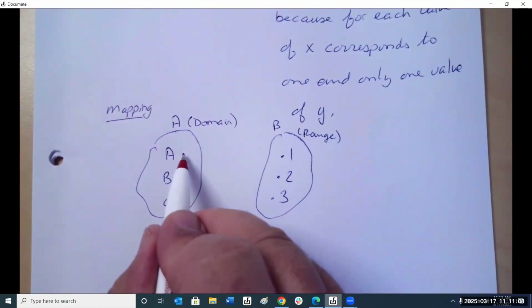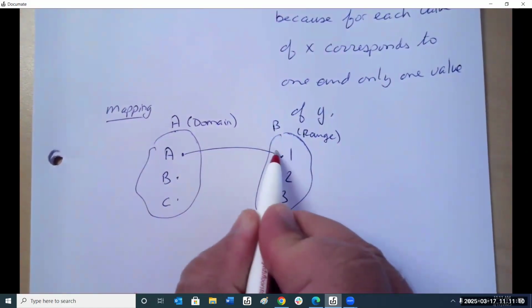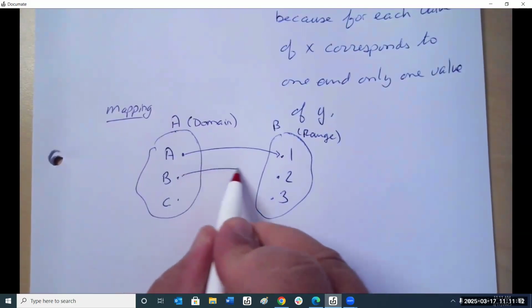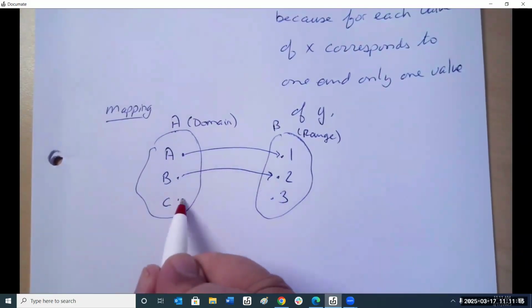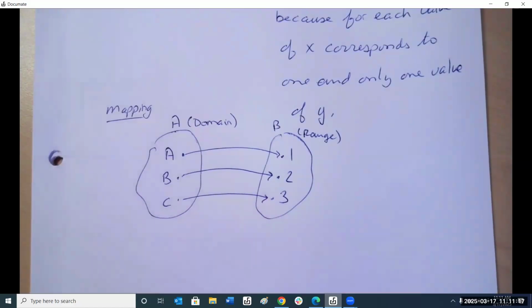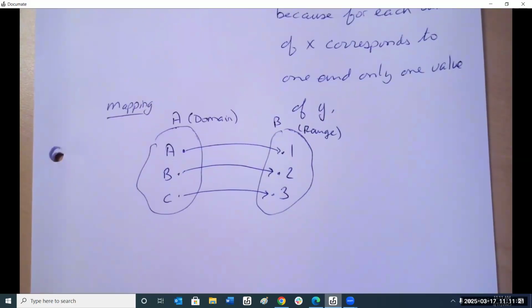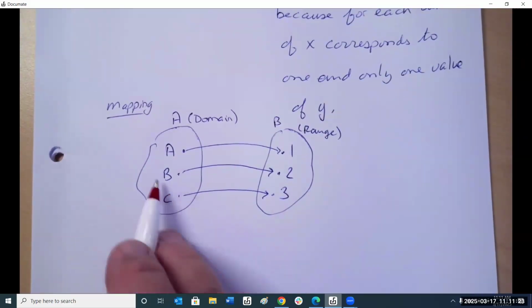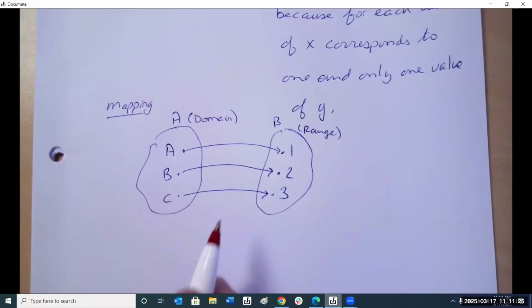So correspondence is each value in the domain maps to one and only one value in the range. So that's a correspondence. That's a one-to-one function.